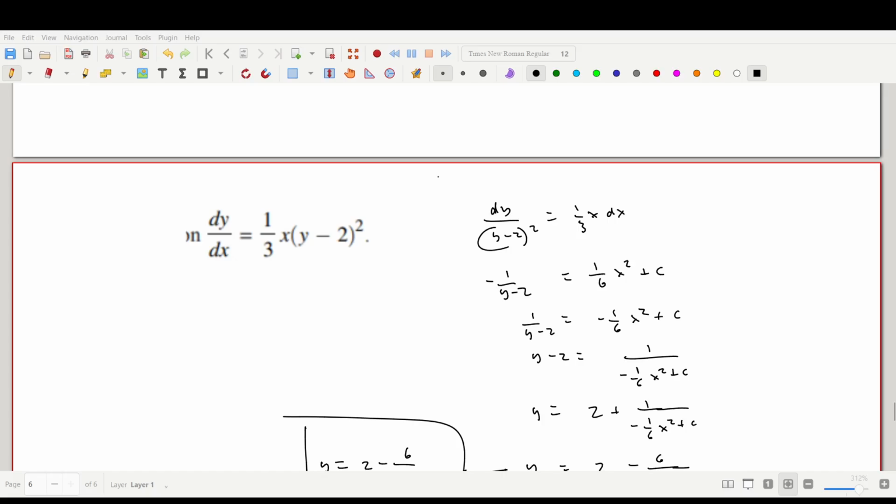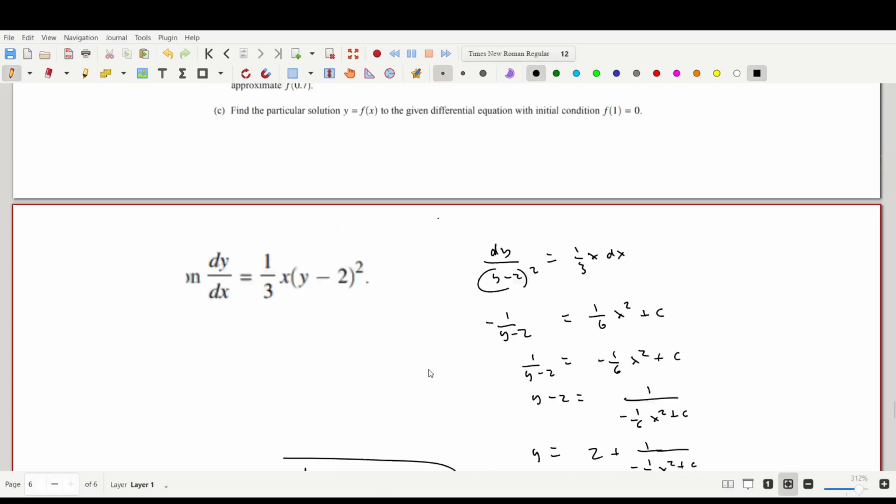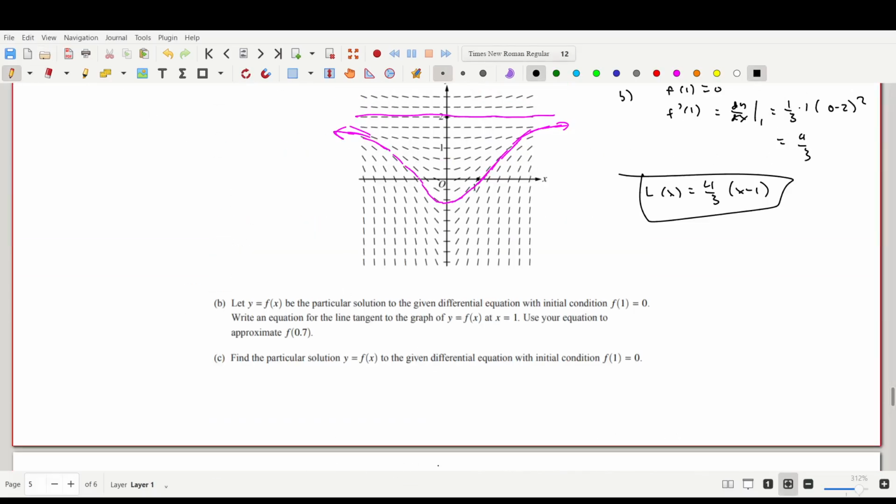And let's check my answers. Looks great. And then we get negative 0.4. Oh, I completely didn't read part of it. Oh my gosh, I'm really not with it today. I would take a point off for that because it does say to use the equation to approximate f of 0.7. So I should have done f of 0.7 is approximately L of 0.7, which is 4/3 times 0.7 minus 1, which is 4/3 times 0.3, which is 4 times 0.1, which is 0.4.